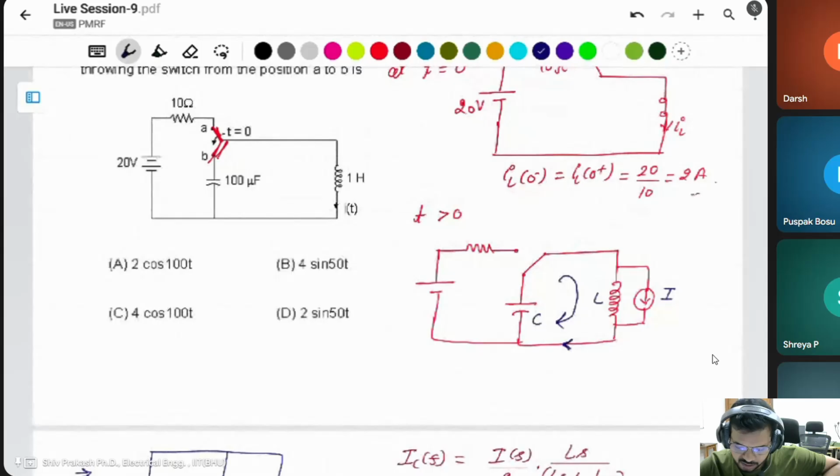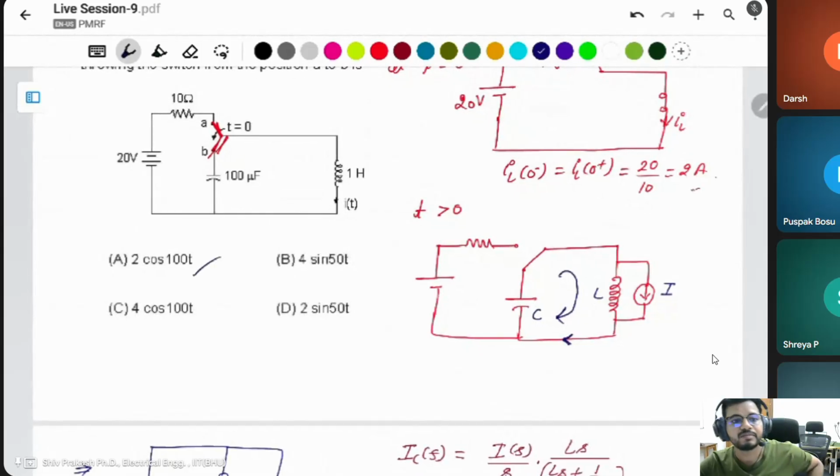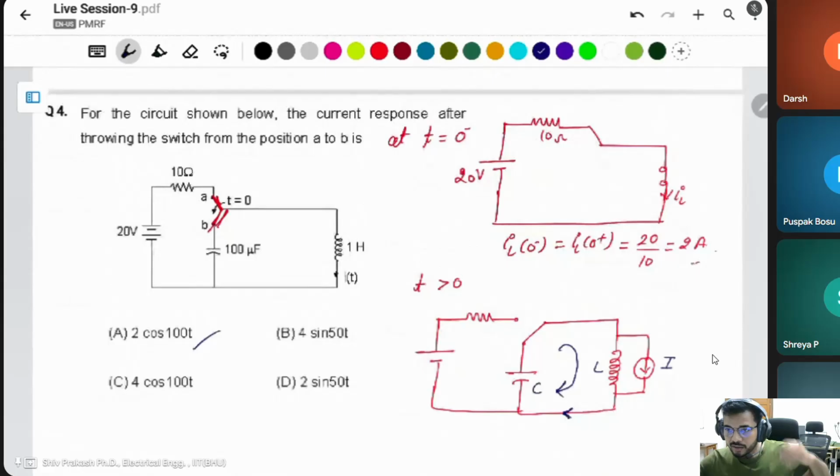The option, I think, here is an option. So can you revise that Laplace part? Maybe I forgot.